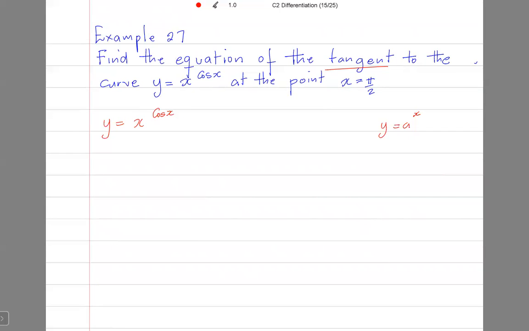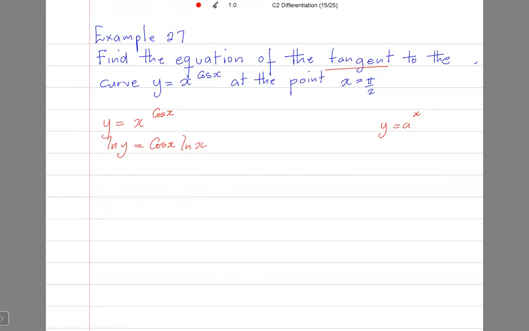So by knowing the gradient of the curve, I automatically know the gradient of the tangent. To differentiate a function of this form, I would first find ln of both sides. So I have ln y is equal to cosine x ln x.